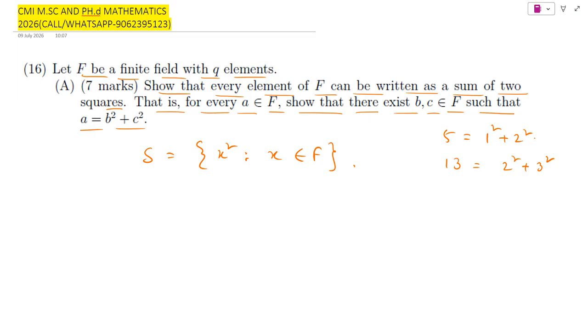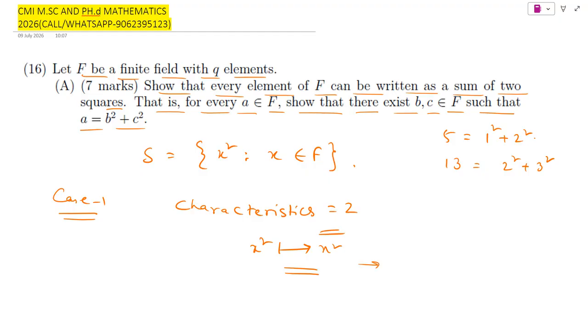So first take case 1. The field has characteristic 2. Then the map x goes to x squared is a bijection.